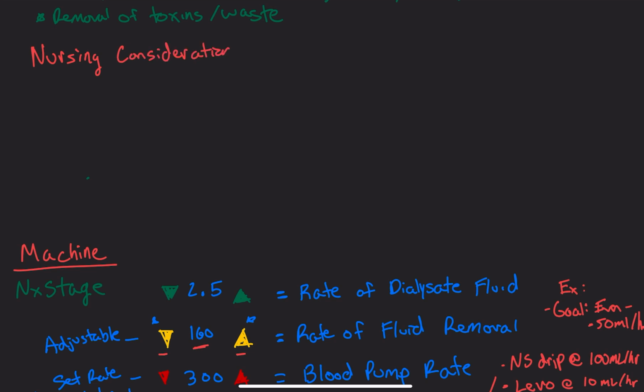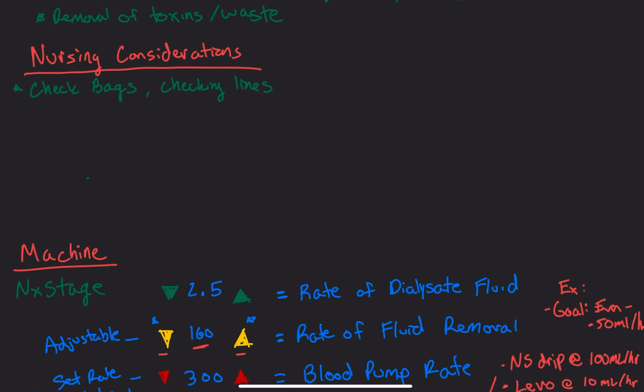Okay, so some nursing considerations for CRT. You're definitely going to want to be checking the dialysate bag level. You do not want that running dry. That can be a pain to replace and have to reprime. So you're always checking your bags. You're checking your lines.